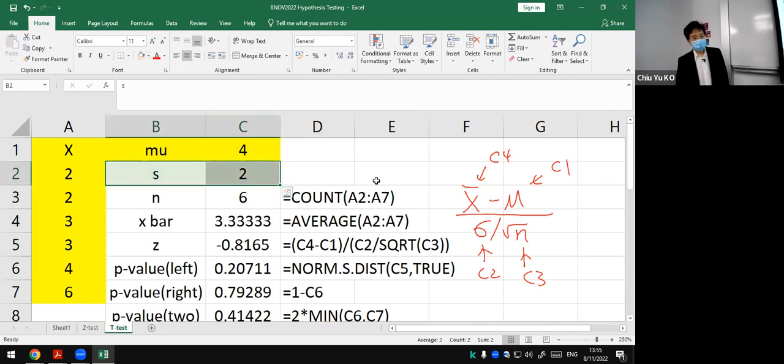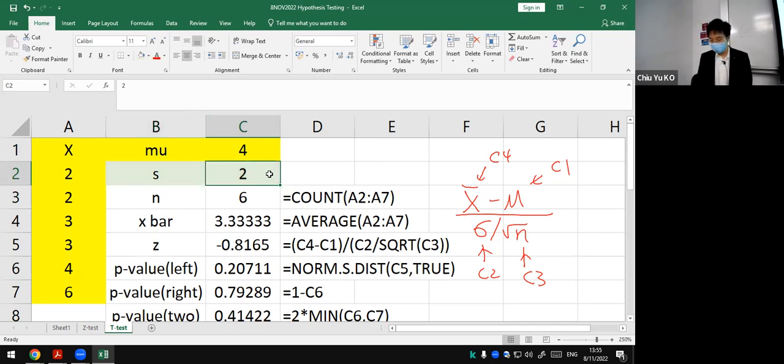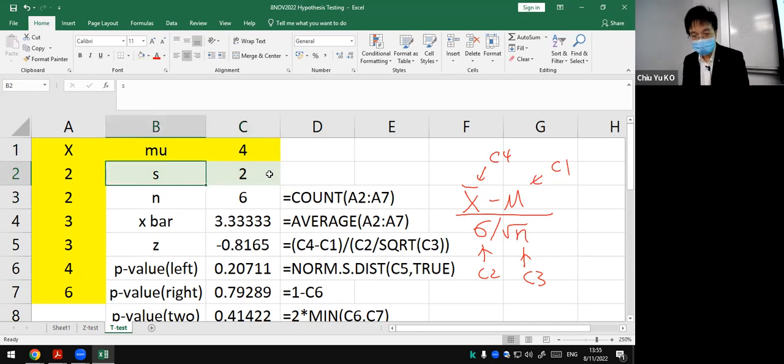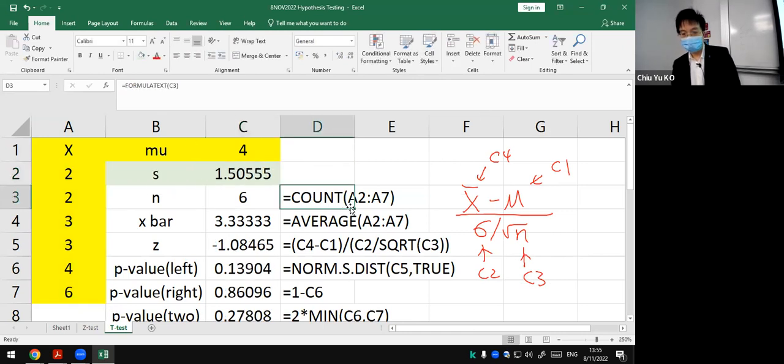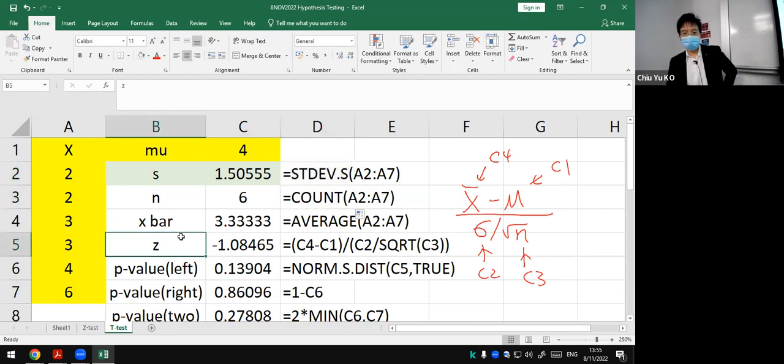Instead of sigma, we use STDEV.S of this one, which is the sample SD. So this is no longer the Z, but rather becomes a T.